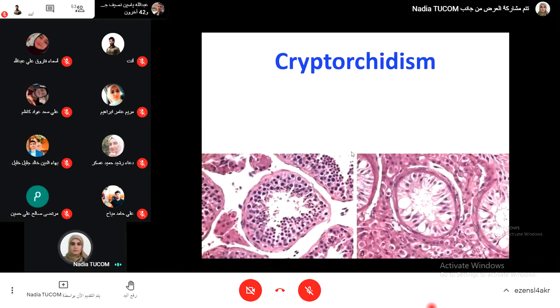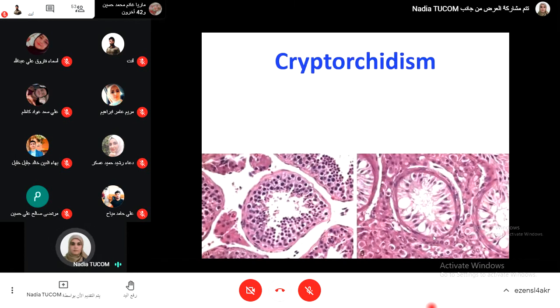What do you see here? This should be normal, with sperm maturation in the middle. And this one, if you remember from first-year testicular histology, is called testicular atrophy. No sperms, no germ cells within the seminiferous tubules, with thickened basement membrane.